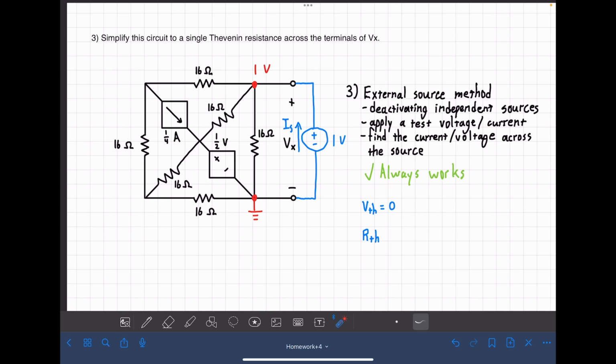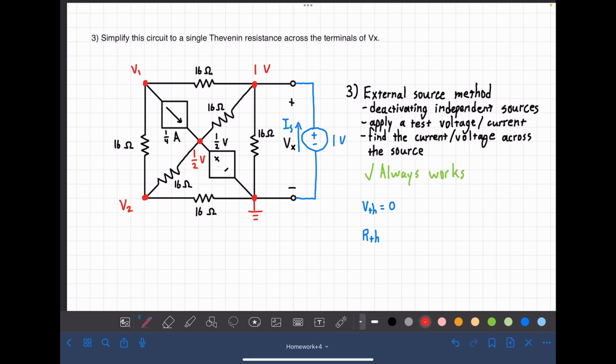This dependent source is going off of Vx. So 1/2 Vx is just one half a volt. So from ground up 1/2 a volt, we know this point is just 1/2 of a volt. And it looks like the only unknowns here are this node right here and this node right here. We'll call it V1 and V2.